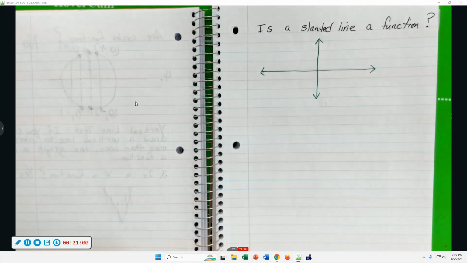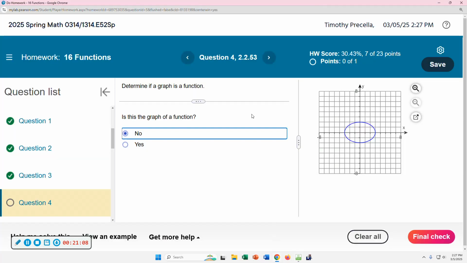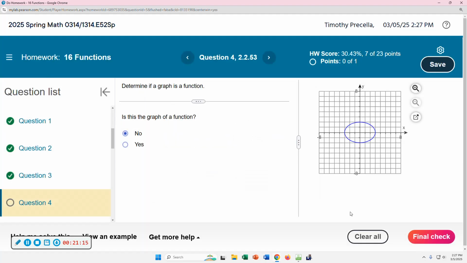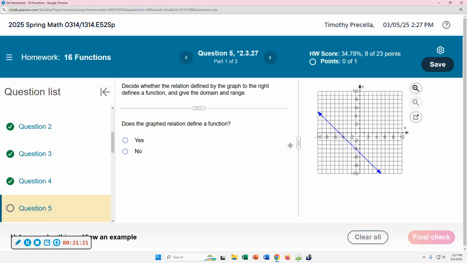What about this? Is a slanted line a function? Let me see. I think number 5 is a slanted line. I think there is one coming up. Let's see. Oh, wait. Uh-oh. Okay. So here's a slanted line.